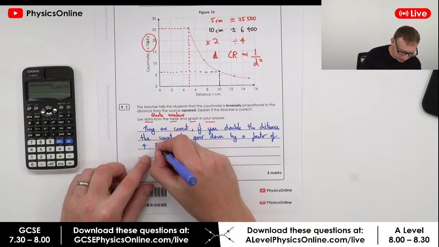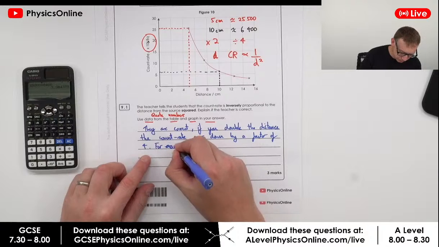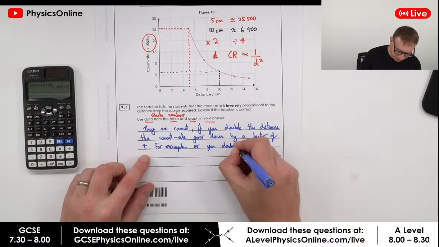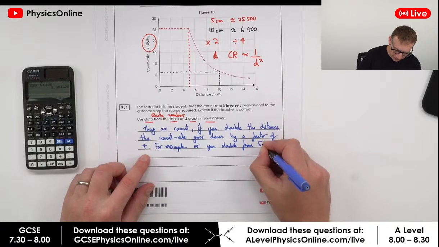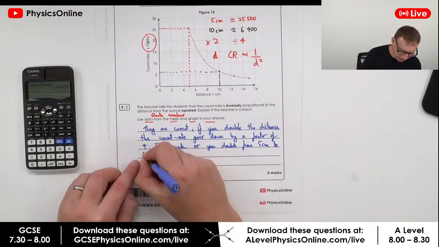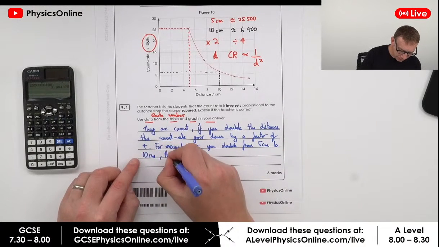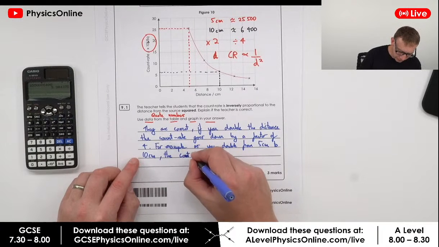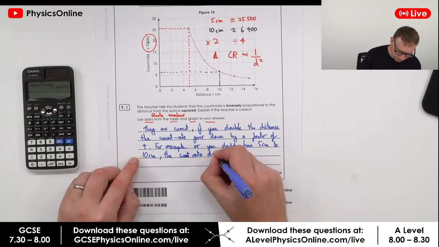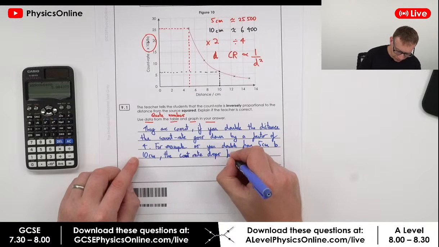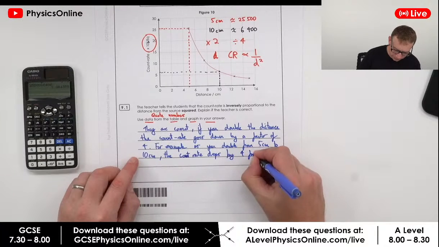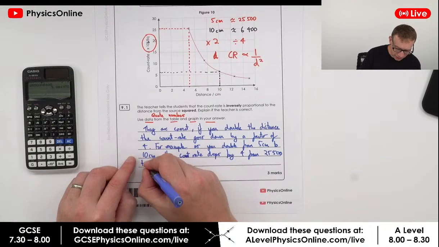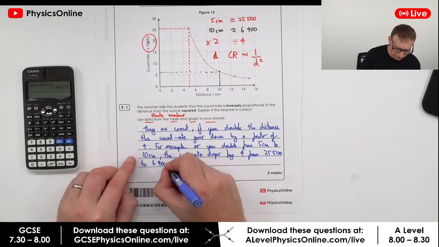For example, as you double from 5 centimeters to 10 centimeters, the count rate drops by 4 from 25,500 to about 6,400.